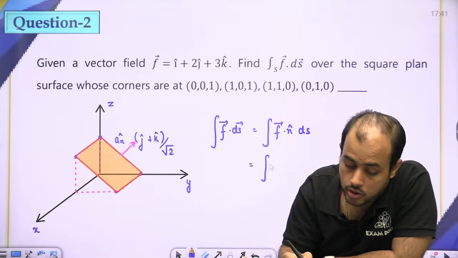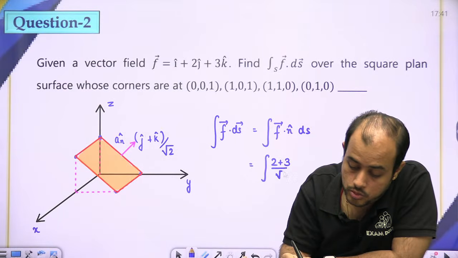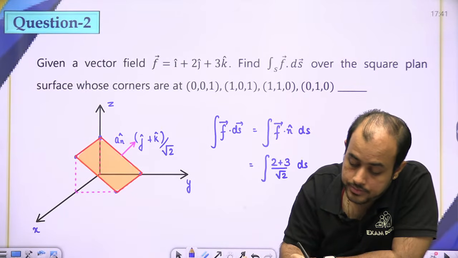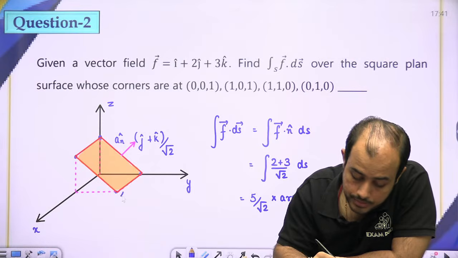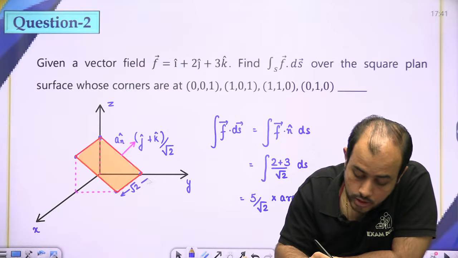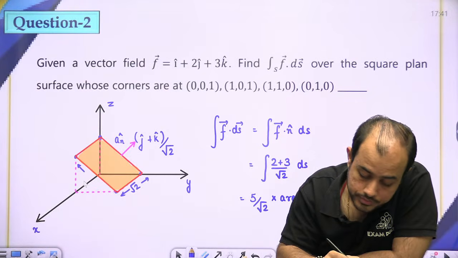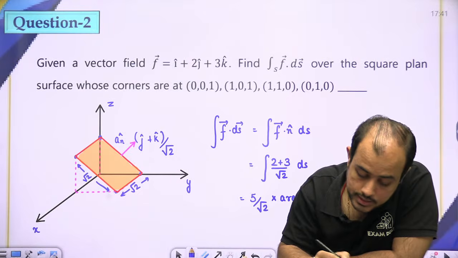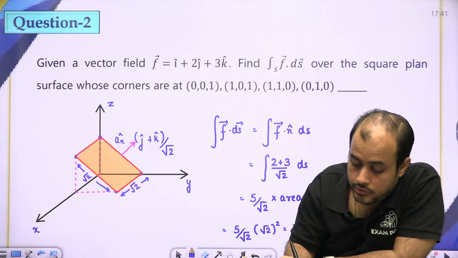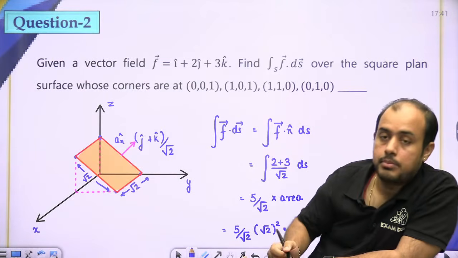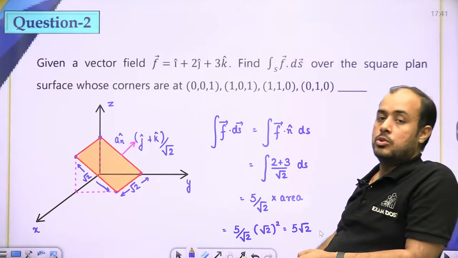Now F dot normal will be 2 plus 3 by root 2 ds, so 5 by root 2 into area. Now the side of the square is root 2. So what is the area? Area will be root 2 square. 5 by root 2 into 2, simple. Answer is 5 root 2.